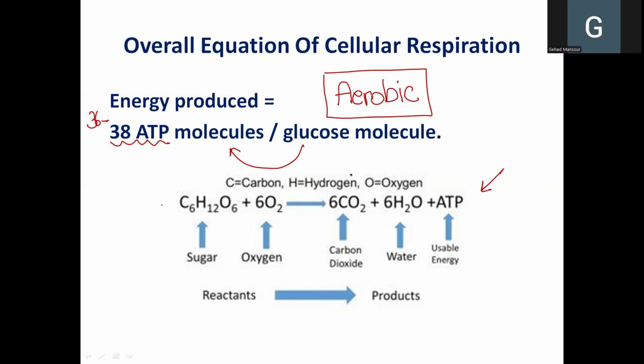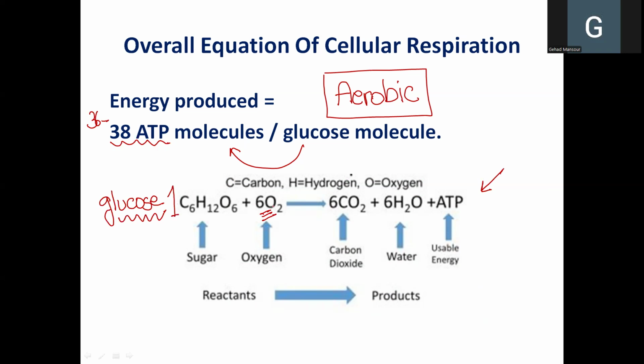C6H12O6, which is glucose or fructose or galactose, meaning a hexose monosaccharide. Of course, glucose is the most abundantly utilized because it is the monosaccharide most abundantly present in carbohydrate molecules, in the presence of 6 oxygen molecules.